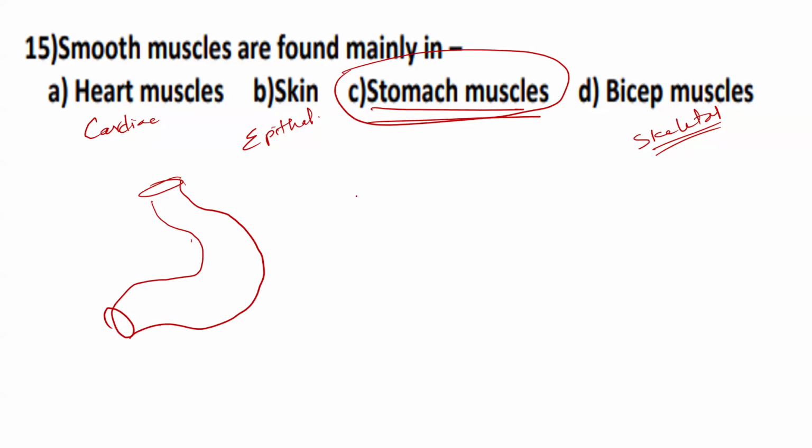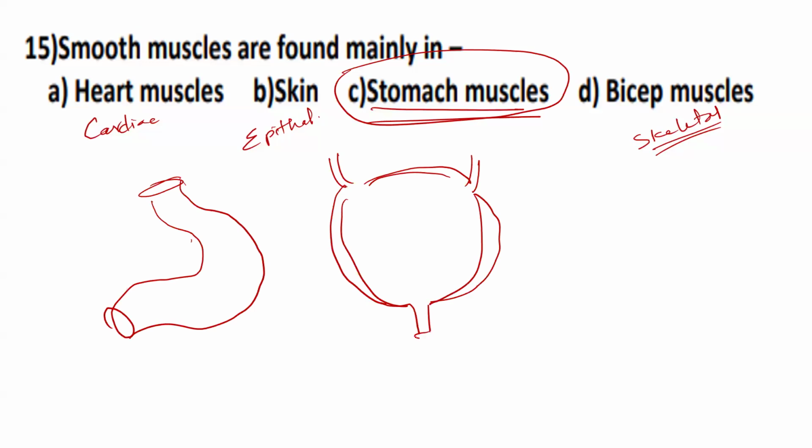stomach is there. The urinary bladder, where the urine is coming and getting collected, getting filled. We can't control that, no? Only this sphincter we can control. Release of urine can be controlled, but collection and storage of urine automatically happens.